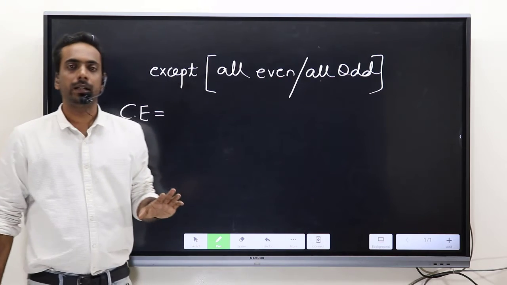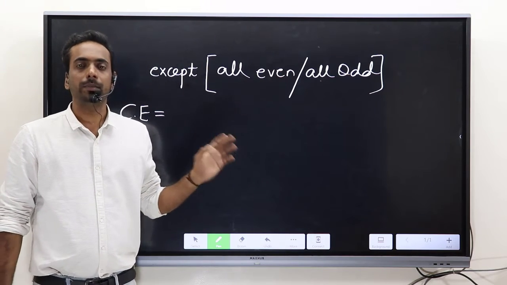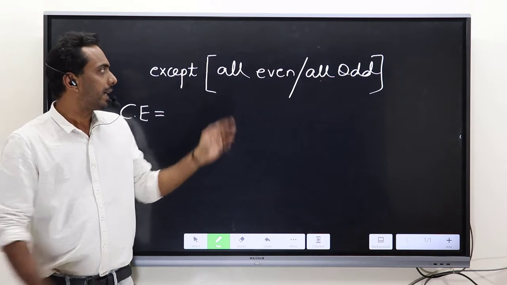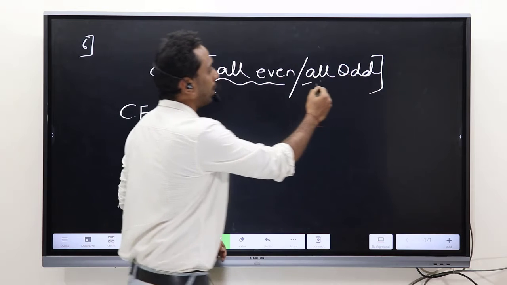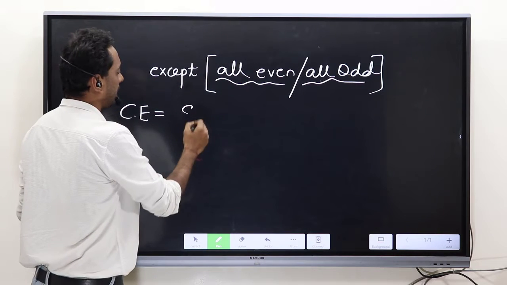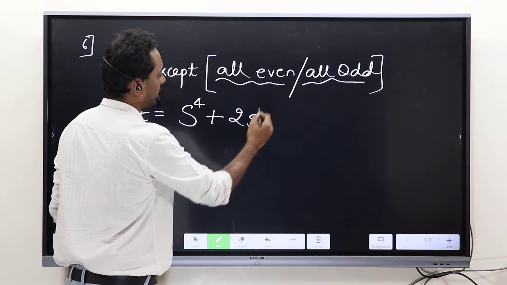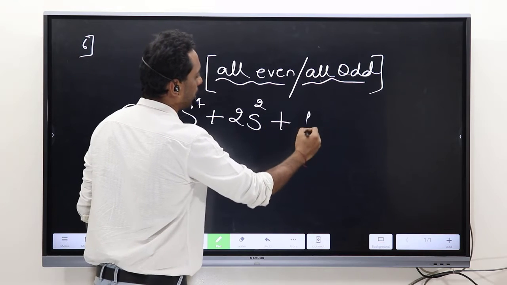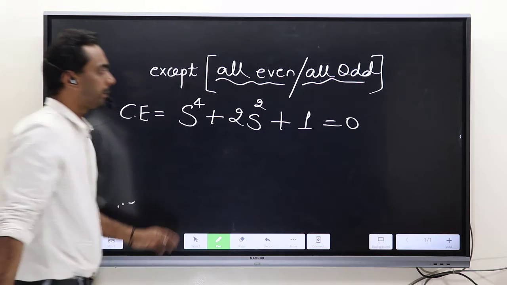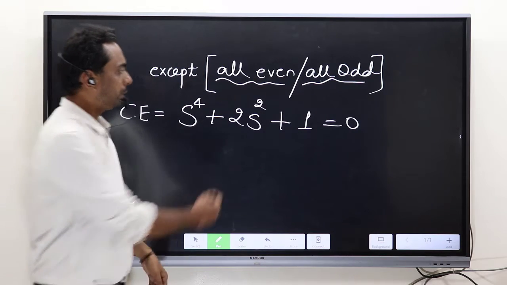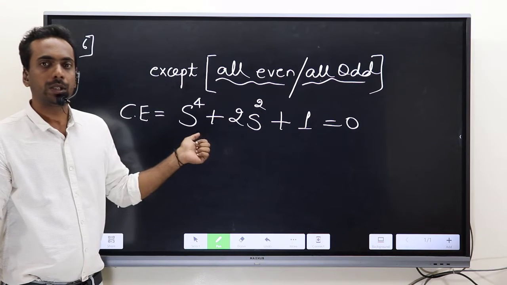अगर कोई भी s का टर्म मिसिंग नहीं है in the given characteristic equation except all odd or all even, मतलब ऐसा हो सकता है आपका characteristic equation s raised to 4 plus 2s cube plus 1 is equals to 0. अगर ऐसा होगा then you have to follow the Routh's table.